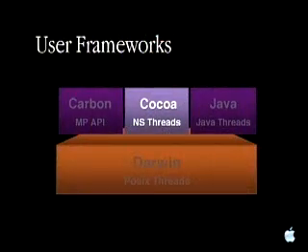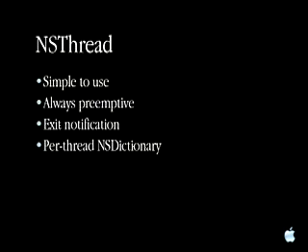The second framework I'll talk about is Cocoa. It's the high-level GUI framework that Apple has presented as an object-oriented environment for doing application development. The NSThread API is very simple to use. There aren't very many entry points to it. Basically, you can create a thread.